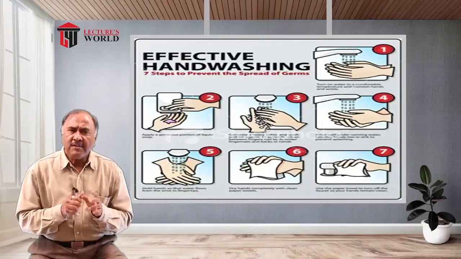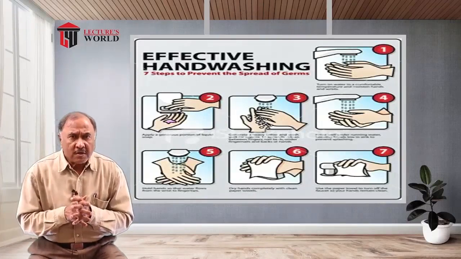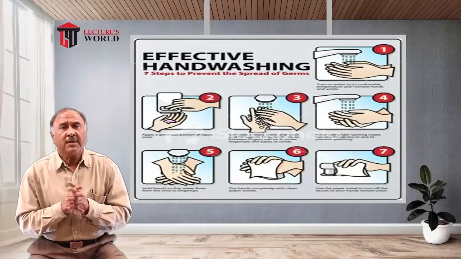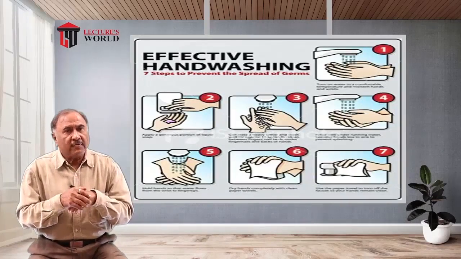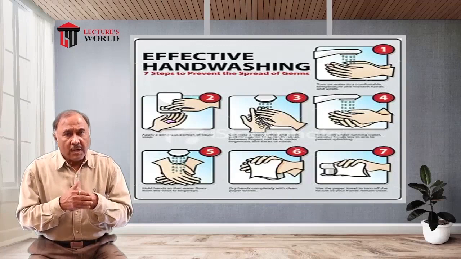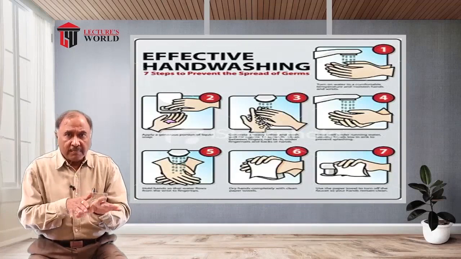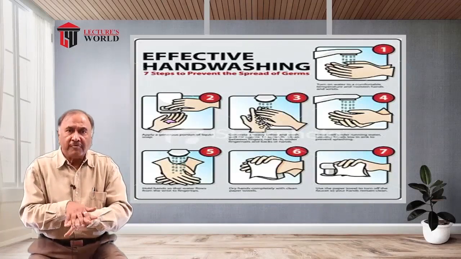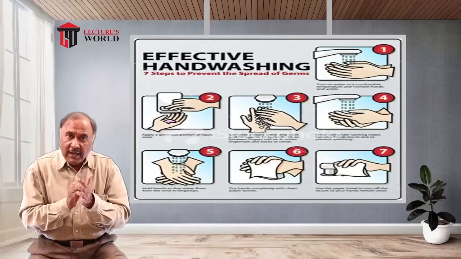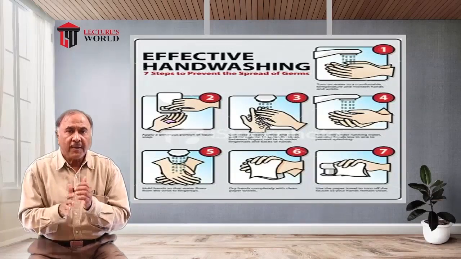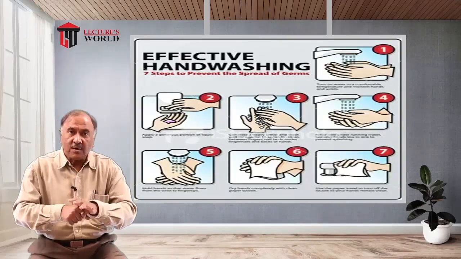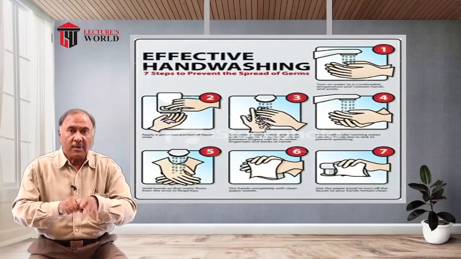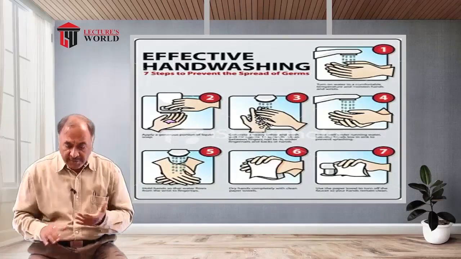See that each and every nook and corner of your hands, palms, the upper surface of the palm, forearm, then the places in between your fingers, your nails, like this, you have to scrub them. You have to use thumbs also to clean them. You have to clean the thumbs like this alternately.